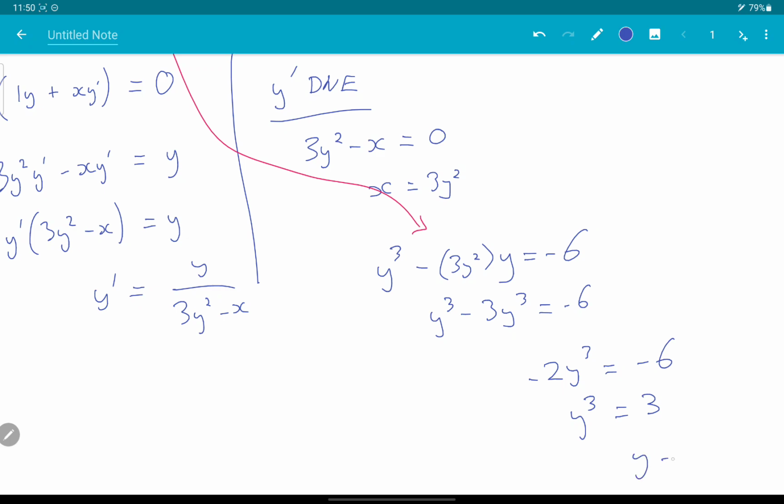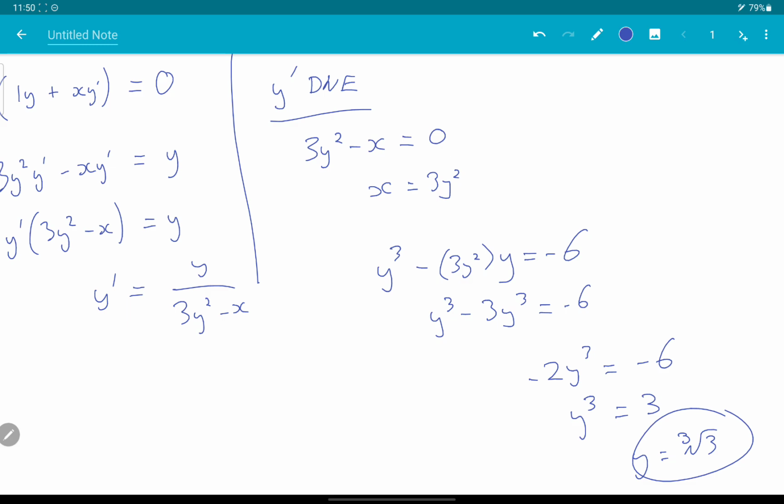So y is the third root of 3. All right, so what does that get us? Well, we're looking for points where y prime does not exist. So let's find the corresponding x value.